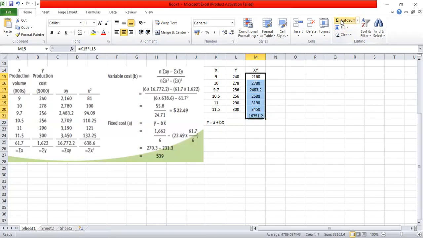Find out the total, sigma xy. After that, sigma x into sigma y, so find out the totals of sigma x and sigma y.